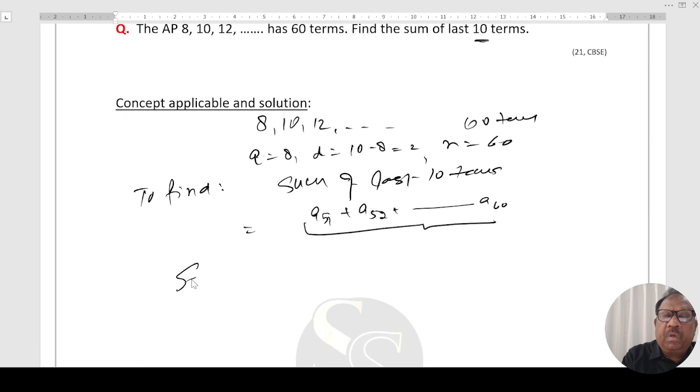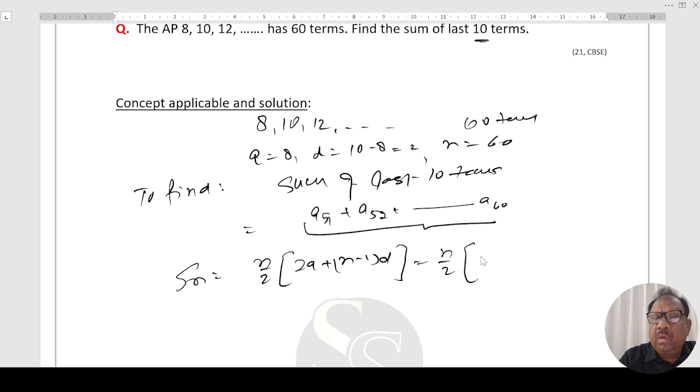So what is the formula for sum? n by 2 into 2a plus n minus 1 into d, this is the well-known formula. That comes out to be n by 2, a plus (n minus 1 into d plus a).